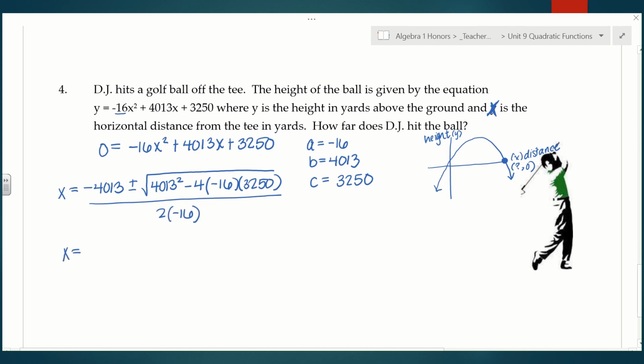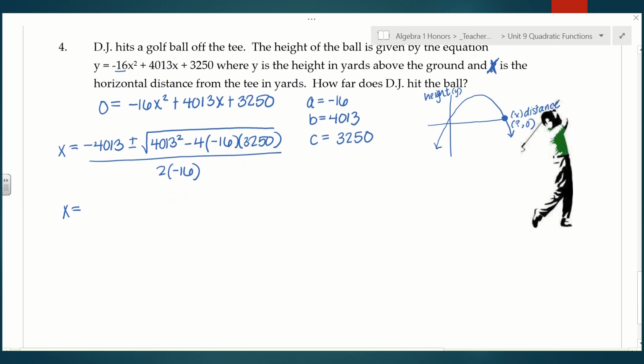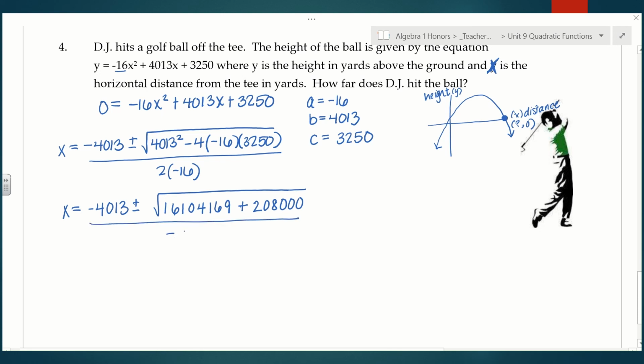Let's do some simplifying. Negative 4013 plus or minus the square root of 4013 squared, which is 16,104,169. If I multiply negative 4 times negative 16 times positive 3,250, I get positive 208,000. And then all over negative 32.